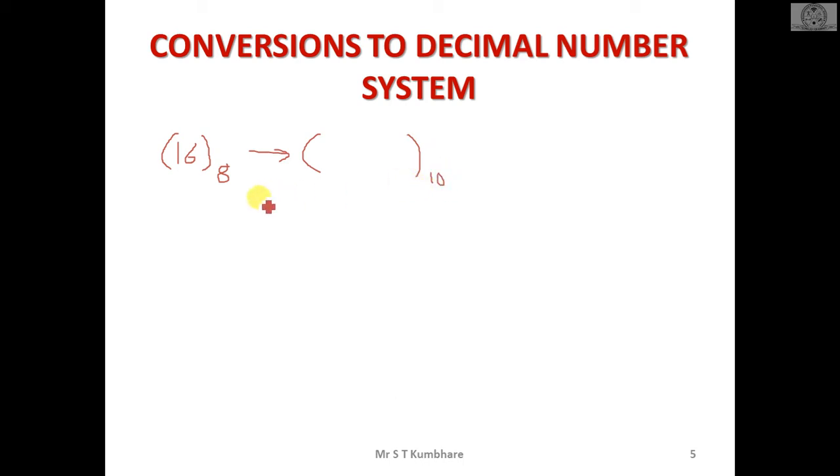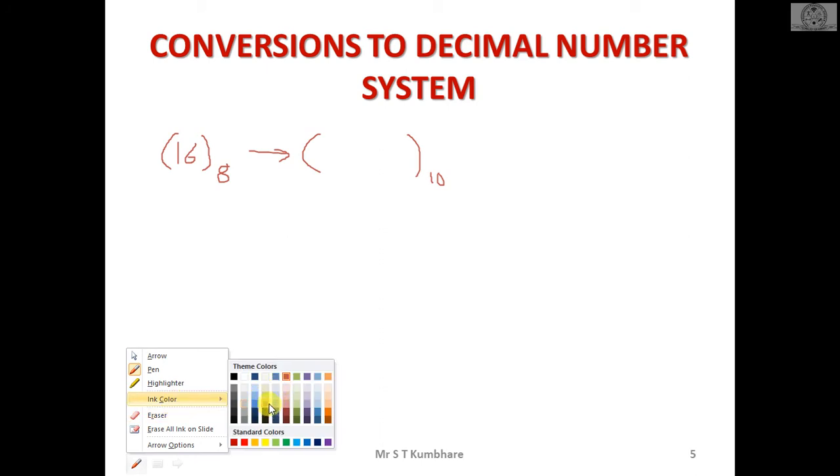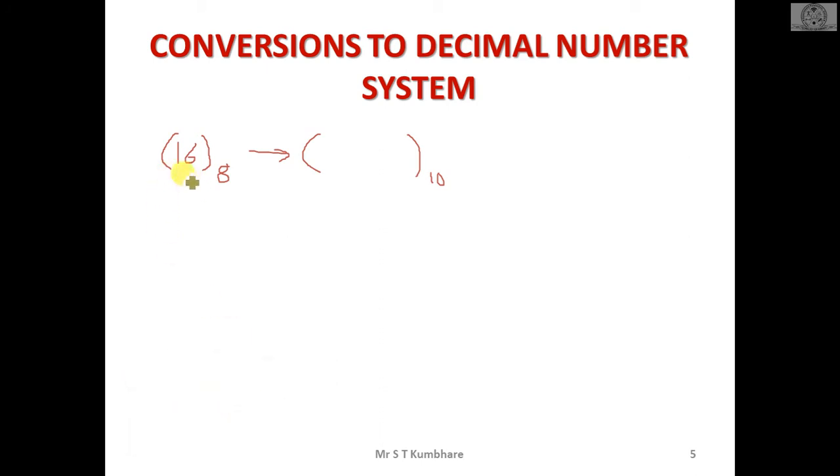Then how to do it? Again we have to segregate the digits. So the digits are 1 and 6. Then you have to write down its base 8 raised to power 0, then 8 raised to power 1.